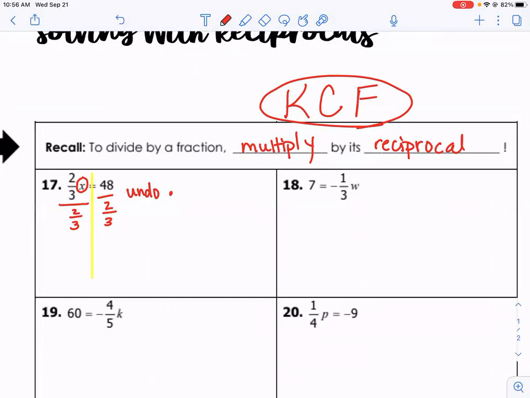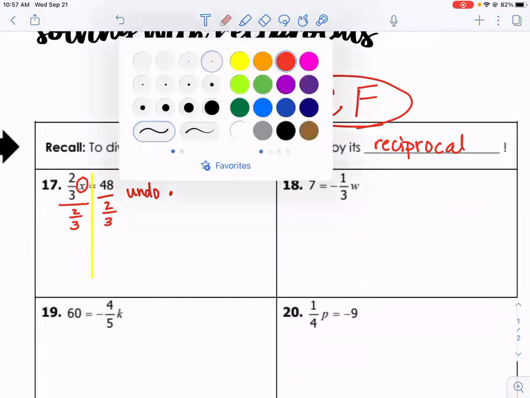But remember when we divided involving fractions, we did keep, change, flip, where we keep the first number, we change division to multiplication, and then we flip that second fraction.